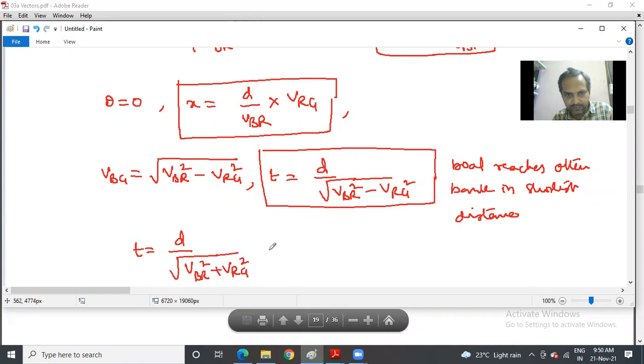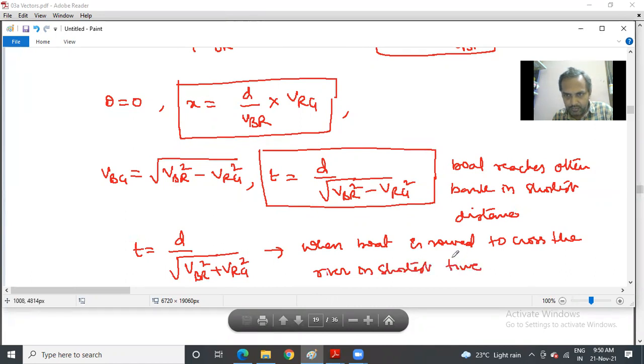So this is when the boat is rowed to cross the river in shortest time. These are the formulas we discussed in the previous video.